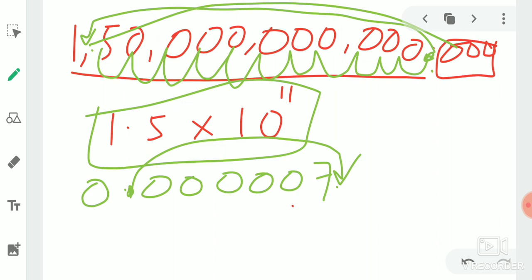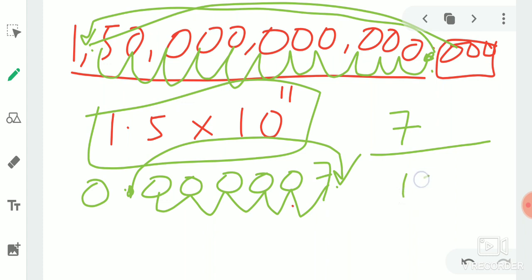So what can I do? I will write 7 divided by, how many digits do I have after the point? 1 2 3 4 5 and 6. I can write it as 10 raised to power 6, because I have to move the point towards the right direction, or in the clockwise direction.